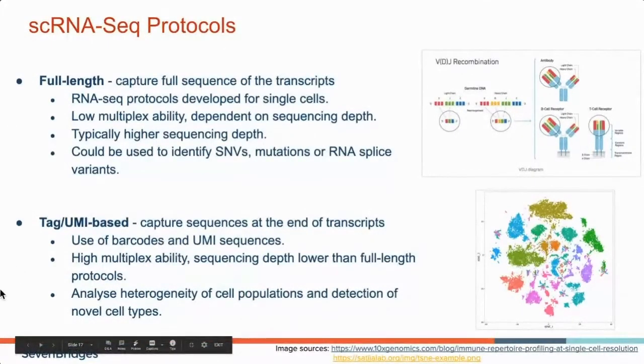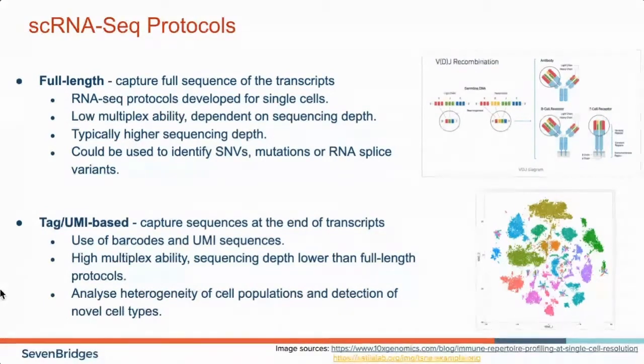Combining more cells means that the sequencing depth of these protocols is usually lower in comparison with full-length protocols, and they are used for dissecting heterogeneity of complex tissues and identification of marker genes, which could lead to detection of novel cell types.